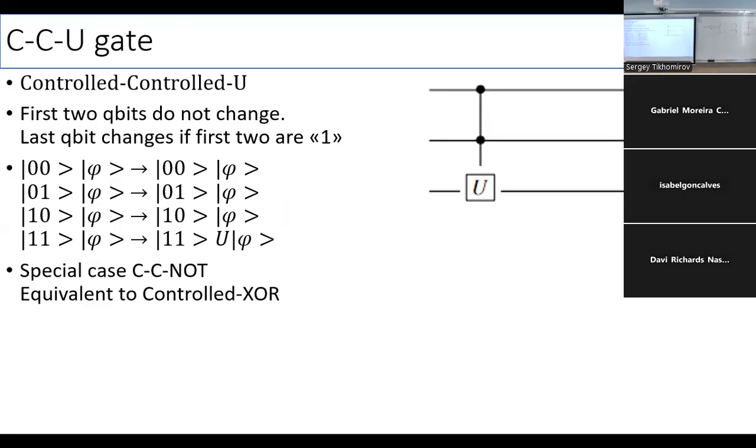And the XOR acts like this: 0,0 goes to 0,0; 0,1 goes to 0,1; 1,0 goes to 1,1; and 1,1 goes to 1,0.